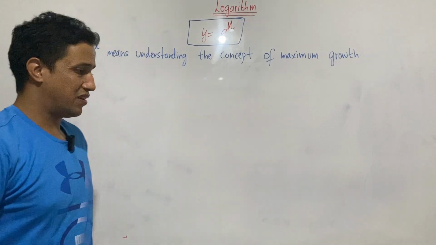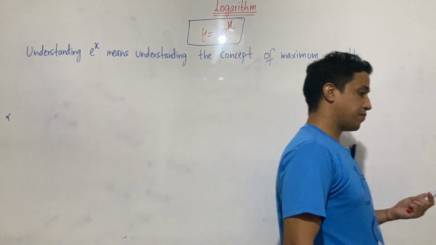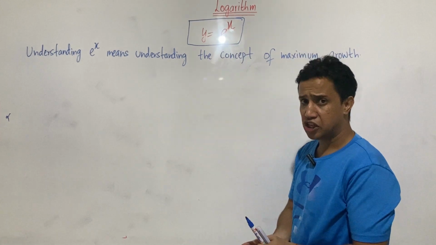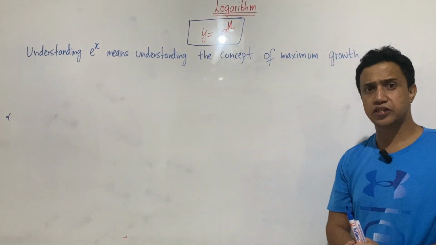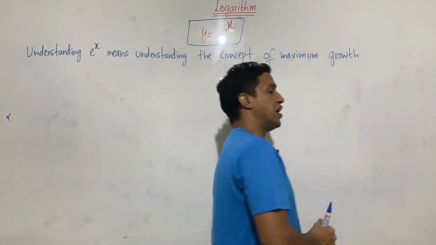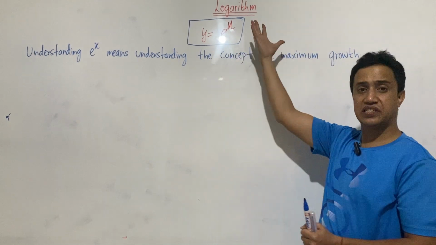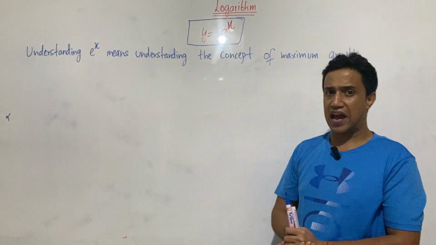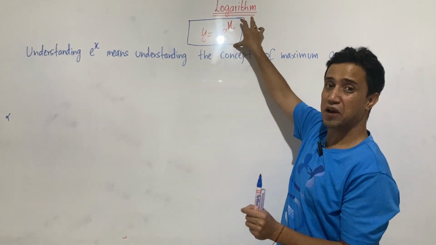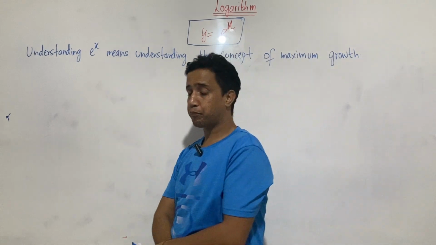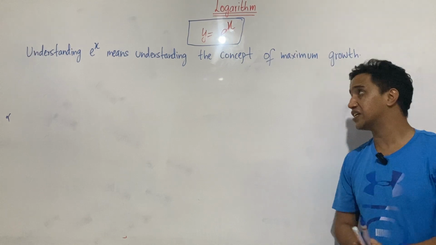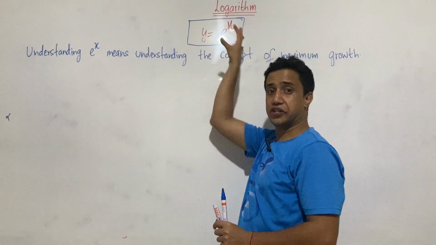Now some of you might ask me, is this function different from a to the exponent x? And I would say no. This function is similar to a to the exponent x, but it is a very special function. If you want to understand the concept of maximum growth, then you must study this function.